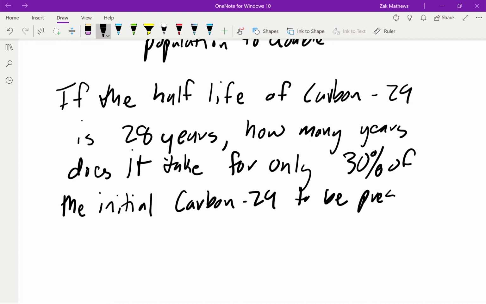Like I said, carbon 29, I'm not a chemist, but I've just made that up. So now I don't know what its half-life is, just making up a problem here. So don't hold this against me, chemistry majors.